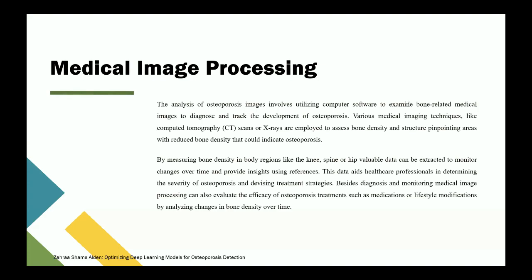By measuring bone density in body regions like the knee, spine, and hip, very valuable data can be extracted to monitor changes over time and provide insights using references. These data can aid health professionals in determining the severity of osteoporosis or normal patients and start planning the strategies for treatment.